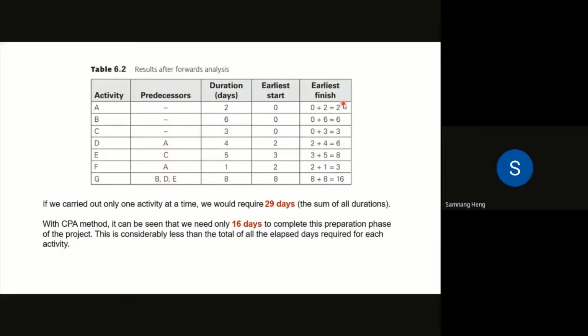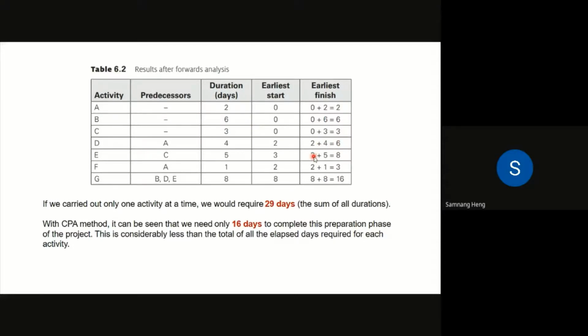I should explain how to get 16, so everyone could understand. This will take 2 days, 6 days, 4 days, 3 days. So we just add them up. For activity D, D requires 4 days, but before D, you need to add 2 more days from task A. You add them up, and you get 6.